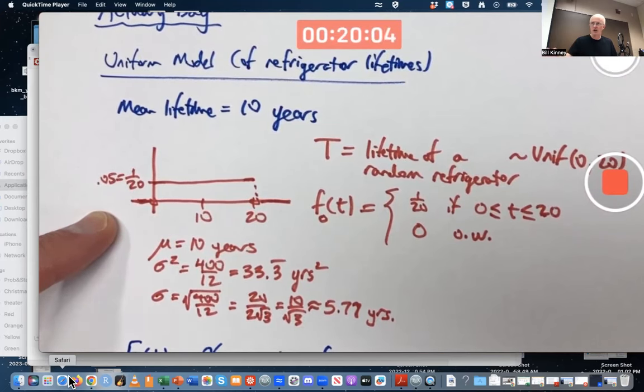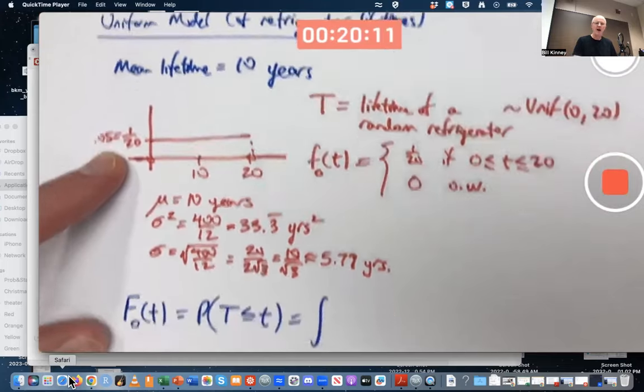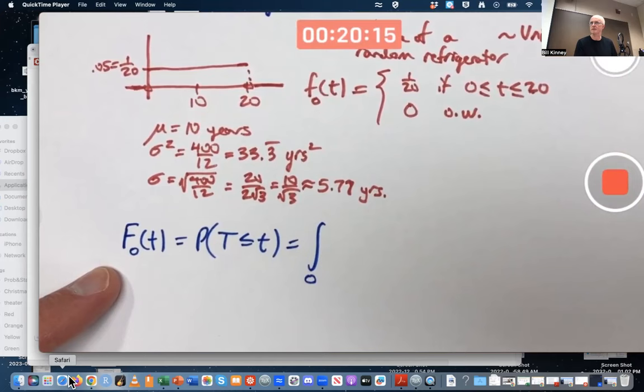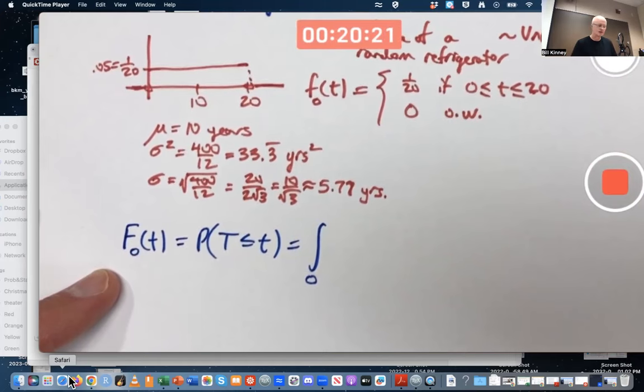And that's going to happen for all survival random variables, not just with this uniform model. So as a default, in this application, I'm always going to use a lower limit of 0. Yes, you could write minus infinity, but let's keep it simpler. Let's make it a 0.